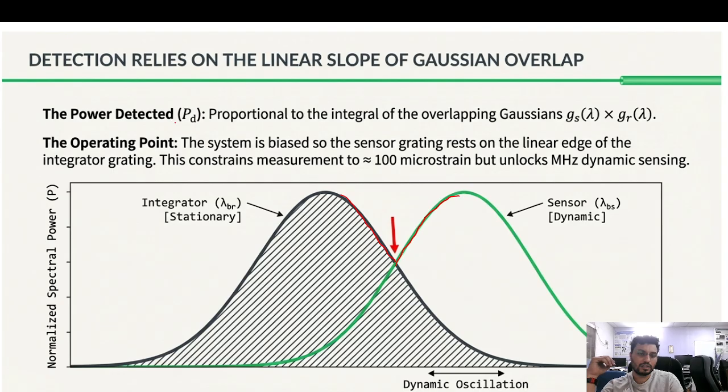The power detected, PD, is proportional to the integral of the overlapping Gaussians GS and GR. This is the overlapping area.